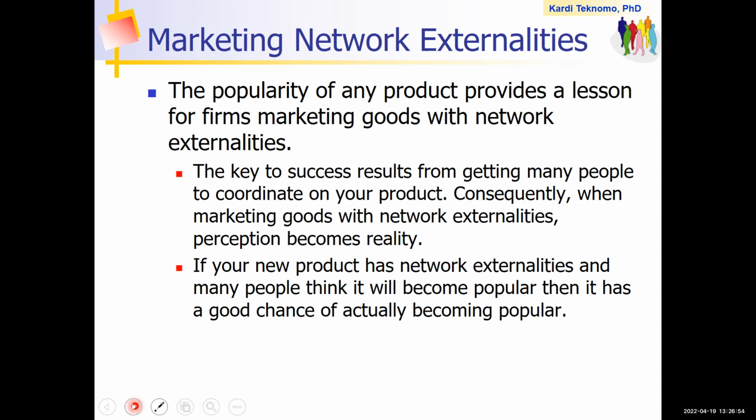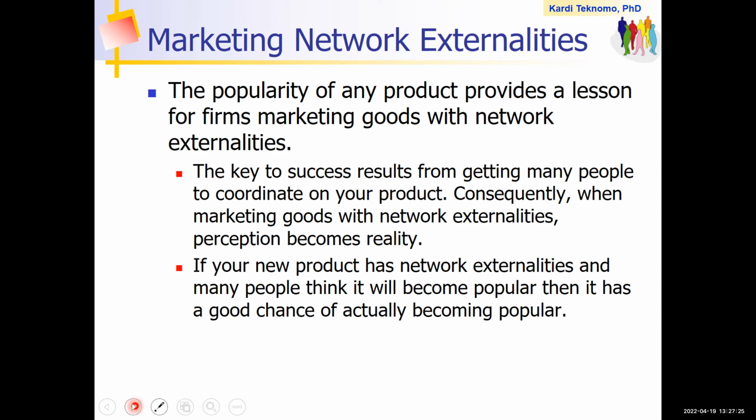The popularity of any product provides a lesson for firms marketing goods with network externality. The key to success results from getting many people to coordinate to buy or use your product. Consequently, marketing goods with network externality is actually based on perception, and that perception becomes reality.